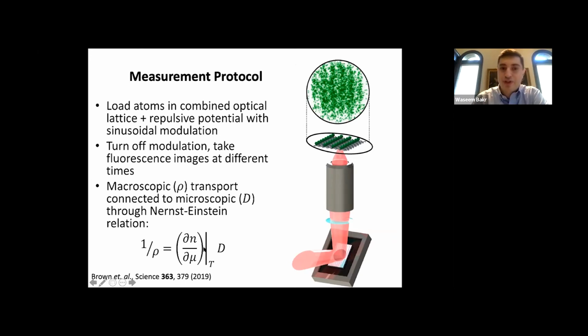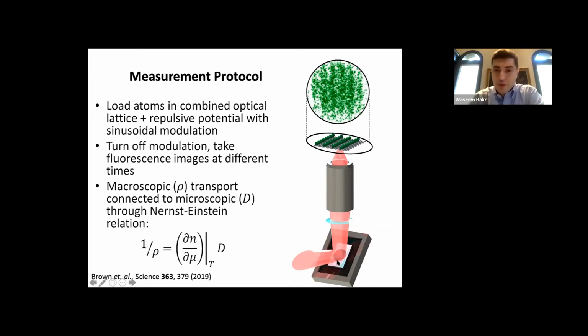And then there's the compressibility, which is how the particles respond to an external force. So this is how the density depends on the chemical potential, the derivative of density with respect to chemical potential. So we're going to measure both of these quantities, and through this Nernst-Einstein relationship, we're going to reconstruct the resistivity. Okay, so let me show you how we do that.